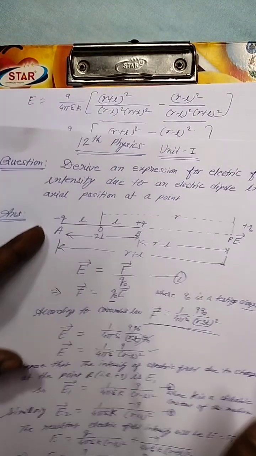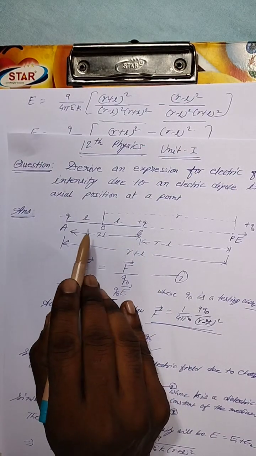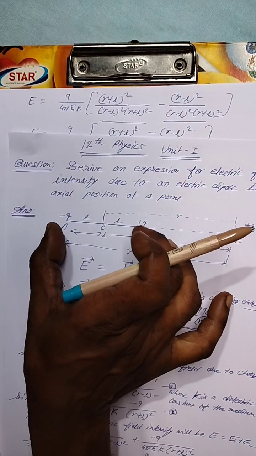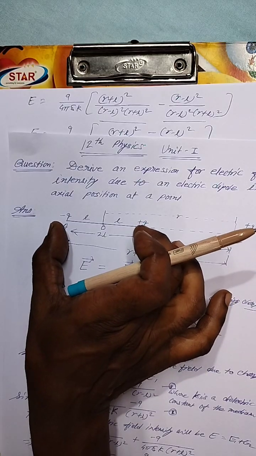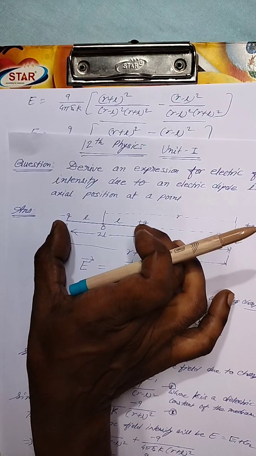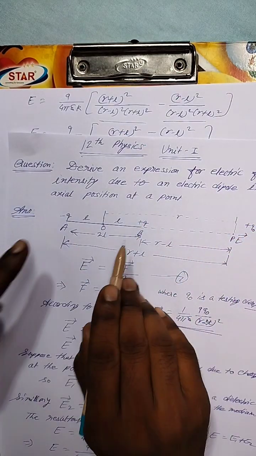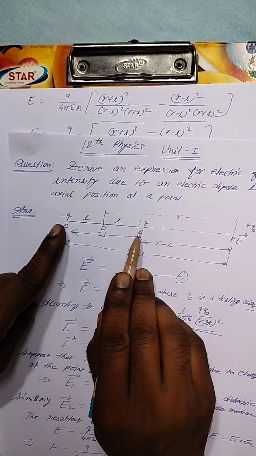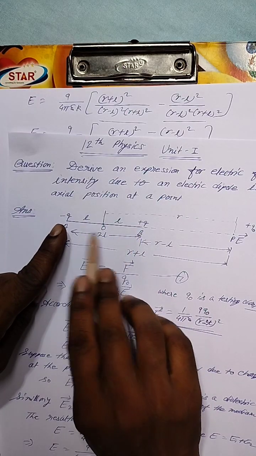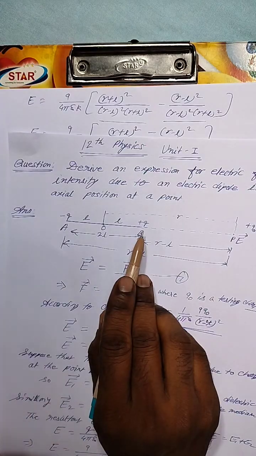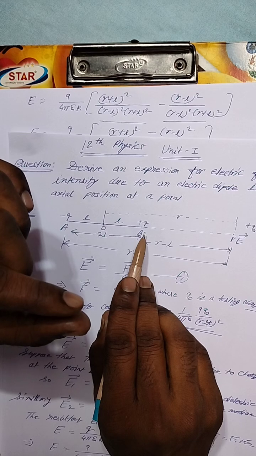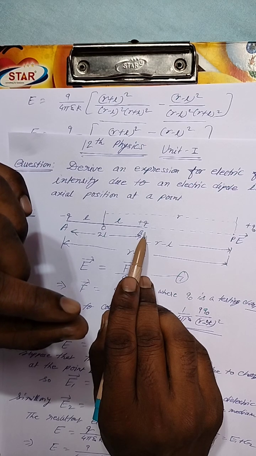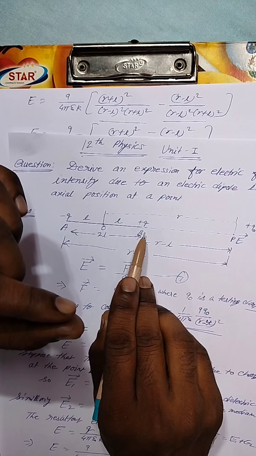Look here, we consider this length, but actually this distance is looking more, because we can explain, but actually the electric dipole distance between two charges is very small.